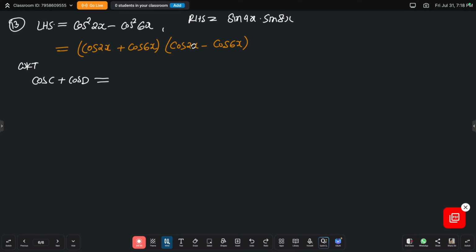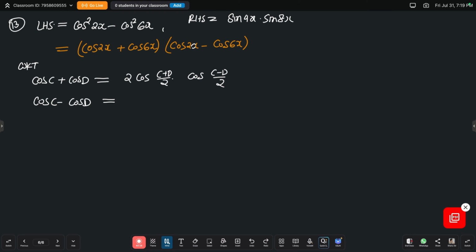Right, while solving the problem, every time write the formula. One is cos c minus cos d. So cos c plus cos d is 2 cos of (c plus d) by 2 into cos of (c minus d) by 2. What is cos c minus cos d?